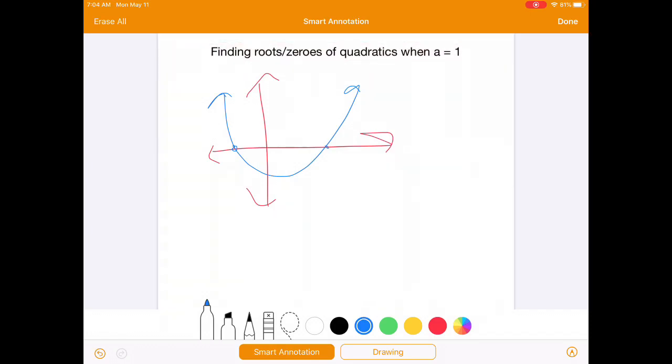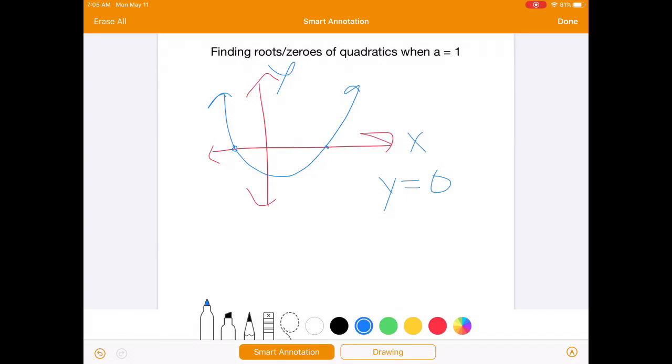If you think about it, when we're on the x-axis, y equals 0 all the way along. So what we're really doing is figuring out what x is going to be when y equals 0.